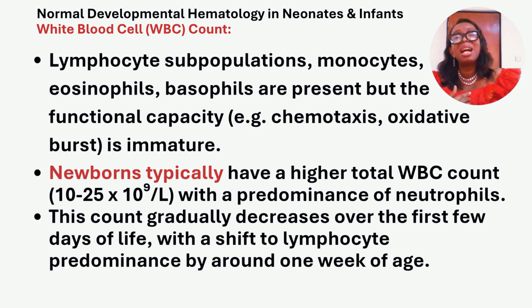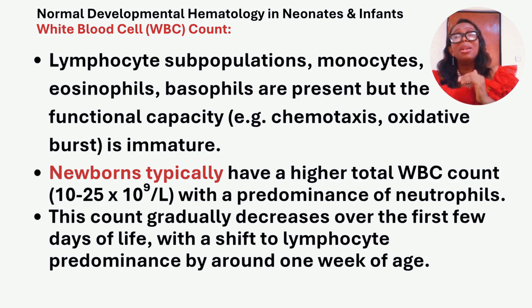Newborns typically have a higher total white cell count, that is between 10 to 25 times 10 raised to the power 9 per liter, with a predominance of neutrophils. This count gradually decreases over the first few days of life, with a shift to lymphocyte predominance by around 1 week of age. You need to note that newborns typically have a higher total white cell count.